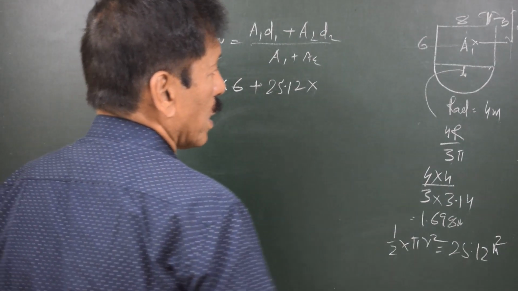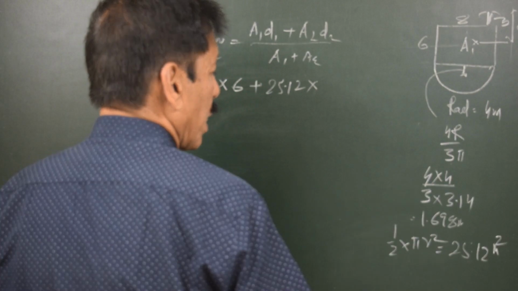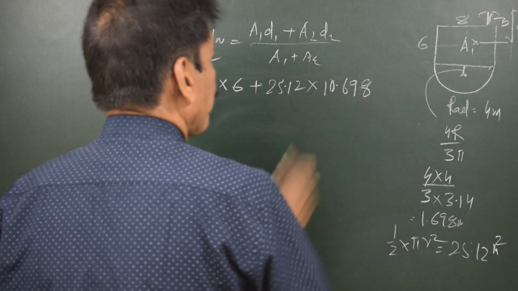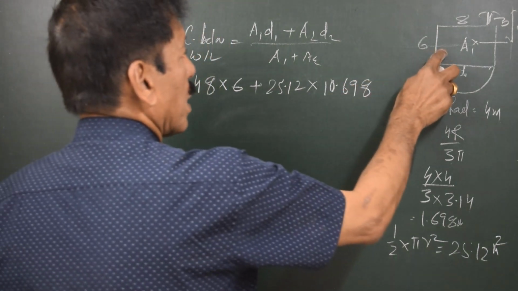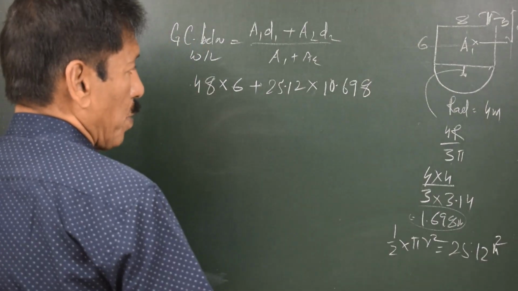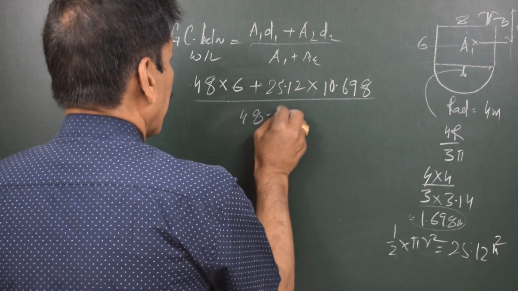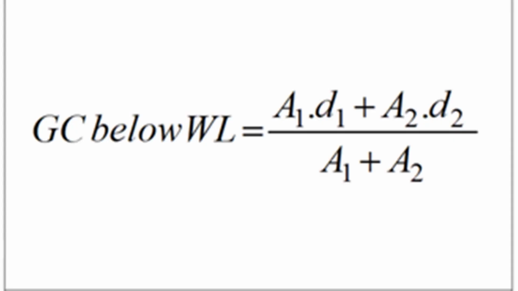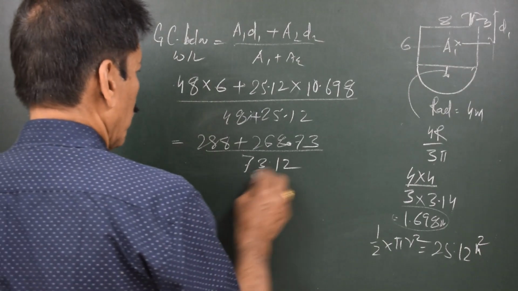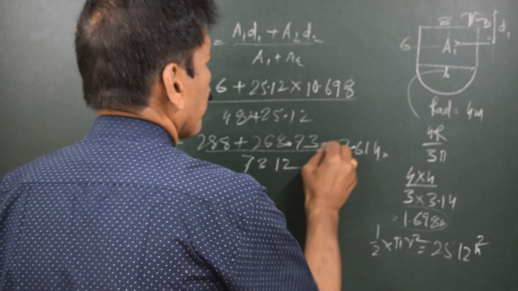into distance. Distance is 3 plus 6, 9, 9 plus 1.698, that is 10.698. Okay, because this 6 plus 3, 9 plus this distance is added up, so that will be 10.698 divided by total area, that is 48 plus 25.12, gives me 7.614 meters.